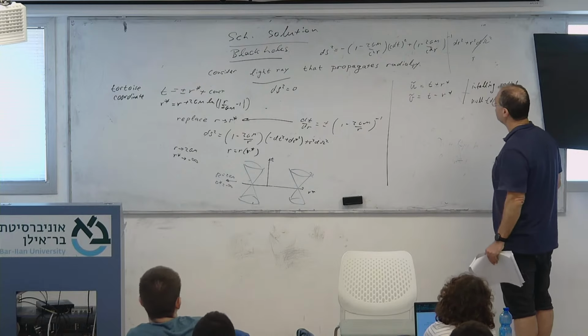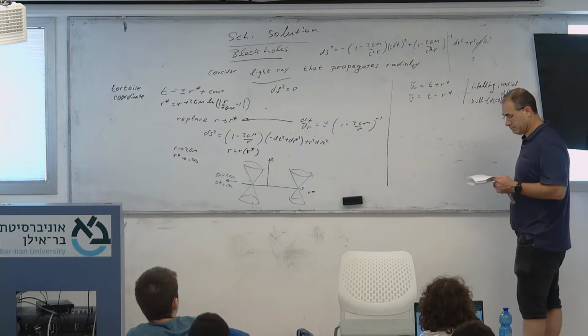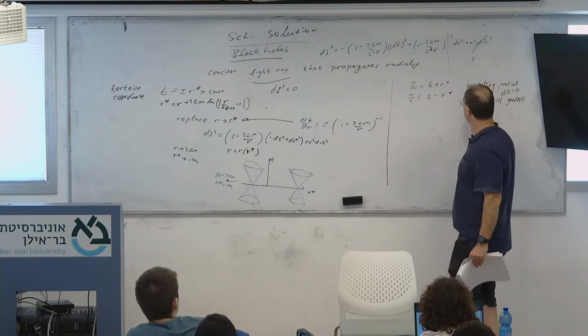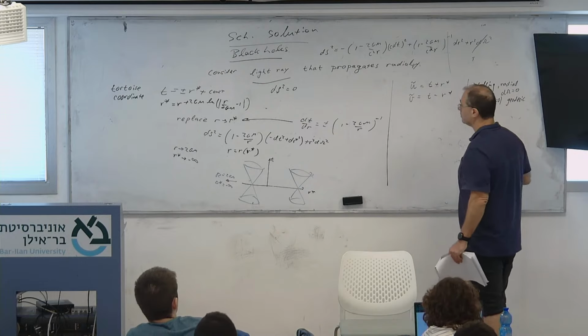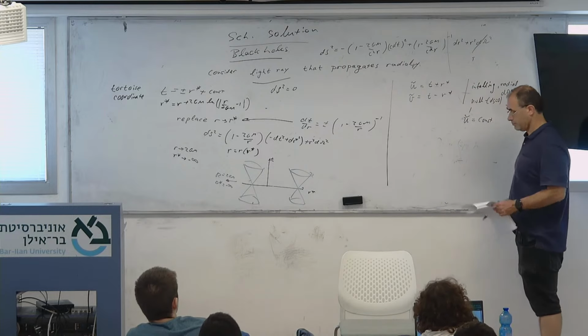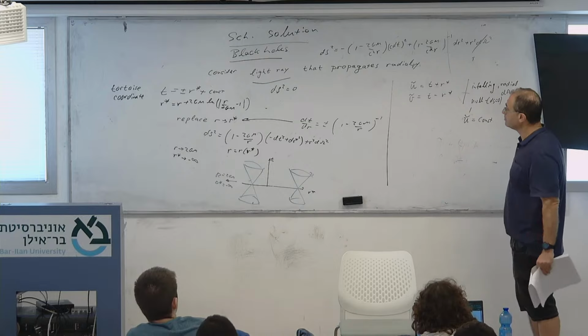Then what do we have? We have that u tilde is constant, which is quite easy to see, right?